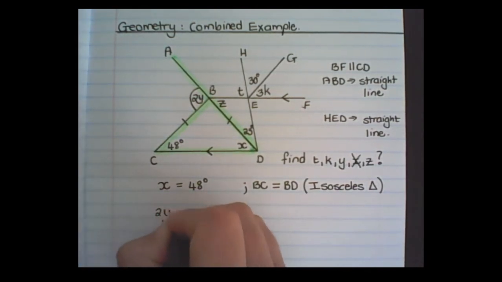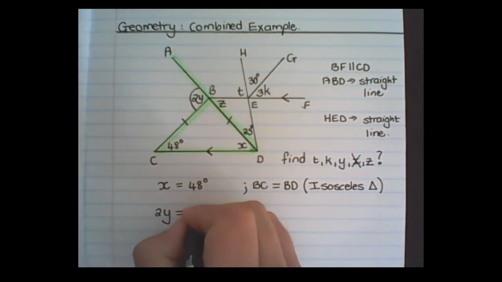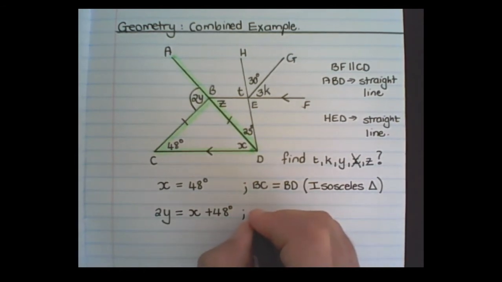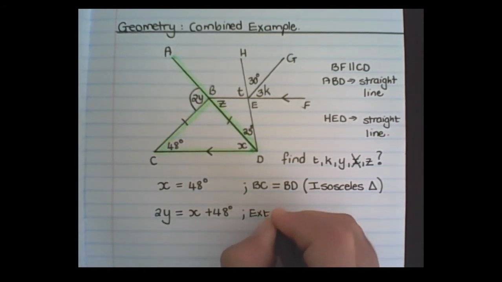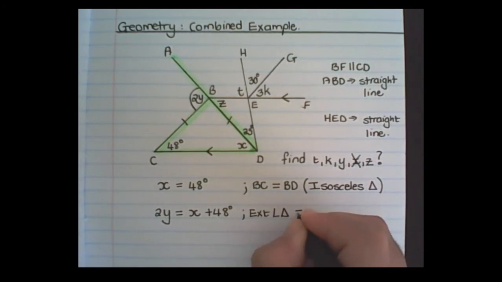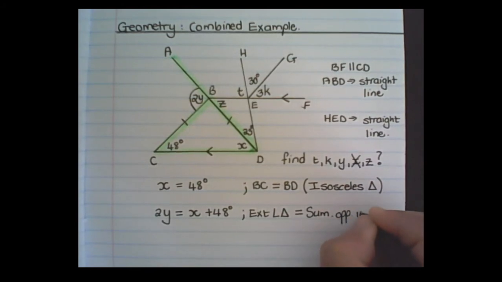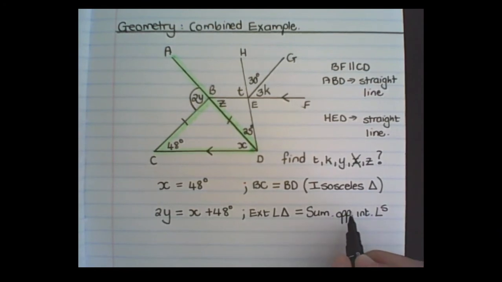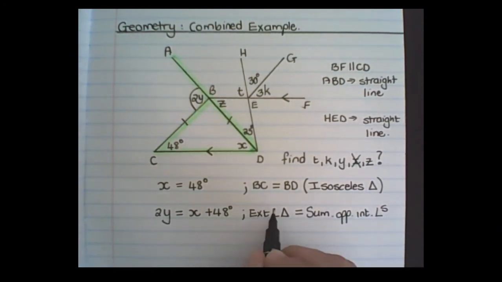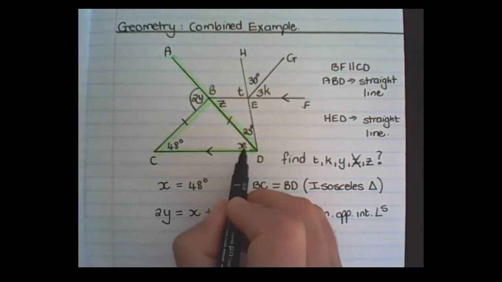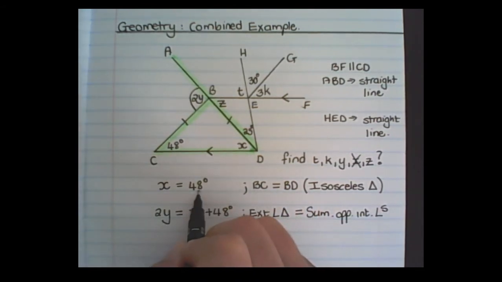2y is equal to x plus 48 degrees. And the reason, the exterior angle of a triangle is equal to the sum of the opposite interior angles. We don't have to write opposite out completely, or interior, or exterior. But the reason is that the exterior angle is equal to the sum of these two. And we know that x is 48.